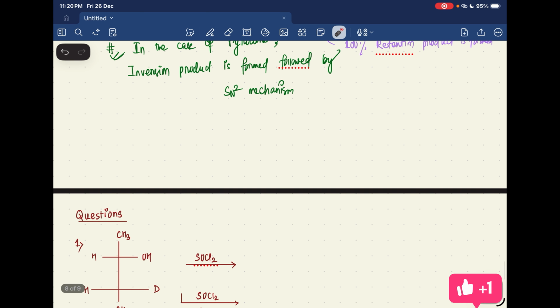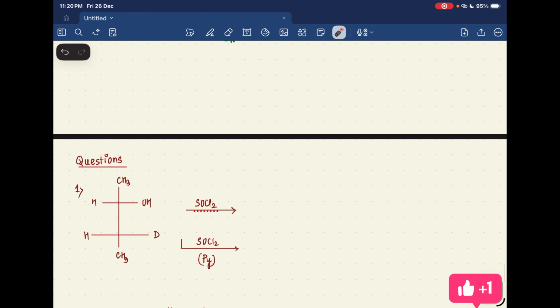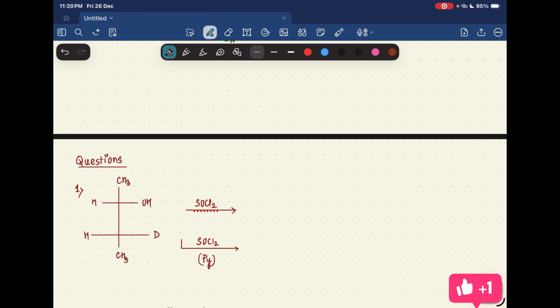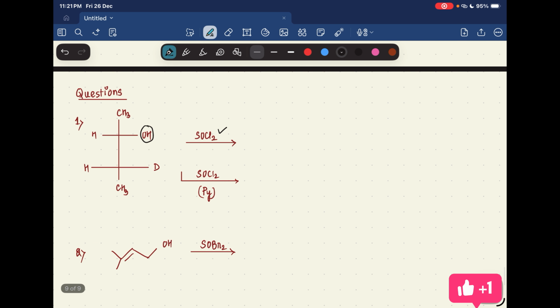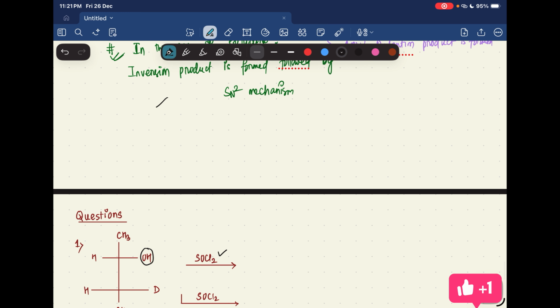Let me do one question, let me try this one. You just try on your own, and I'll write that. So in this case, OH is there. In the first case, simple SOCl2 without any base. If you don't know, the pyridine structure is like this. This is a pyridine structure.